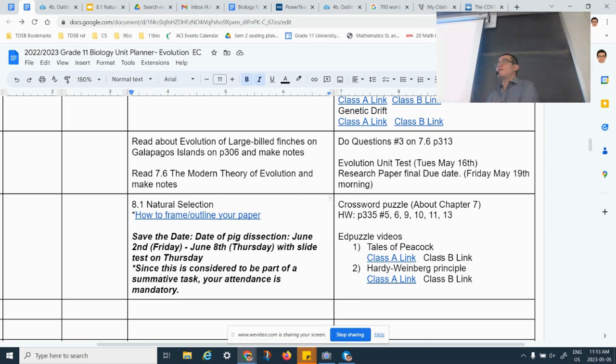Now, I want to talk about how do you frame or make an outline of your paper, because this is important. Framing and outlining your paper is important. A lot of you are at a stage where you should start thinking about doing this outline, because it will help you focus in terms of what you should be writing.